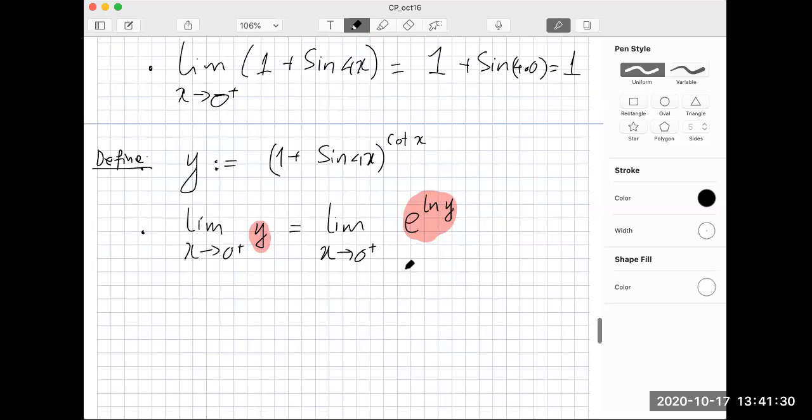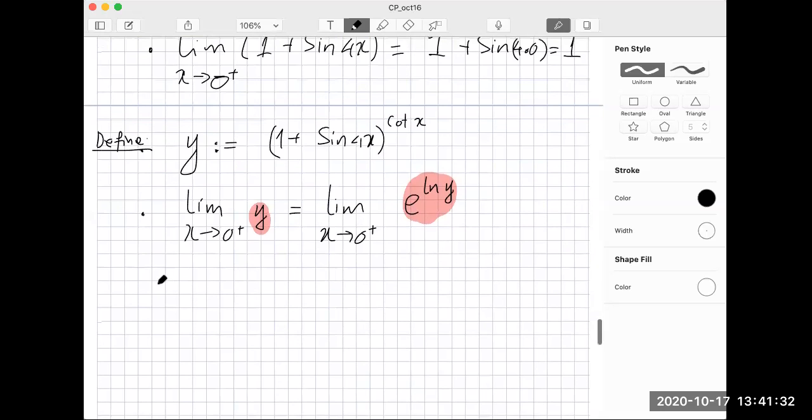Now, let us rephrase it. This guy, we can write as the limit of x going to 0 from the right-hand side of e to the natural log of y, which is the natural log of 1 plus sine of 4x to the cotangent x, right?